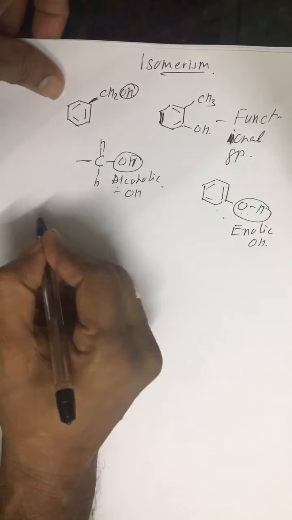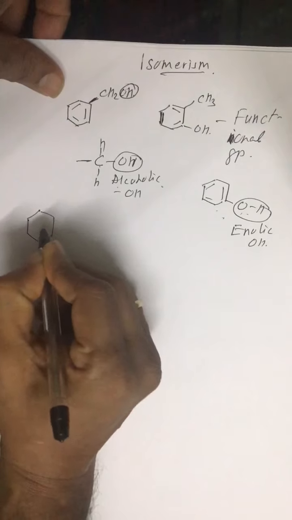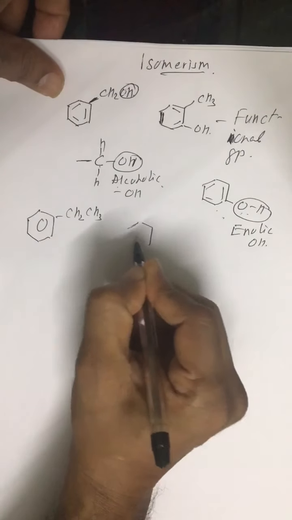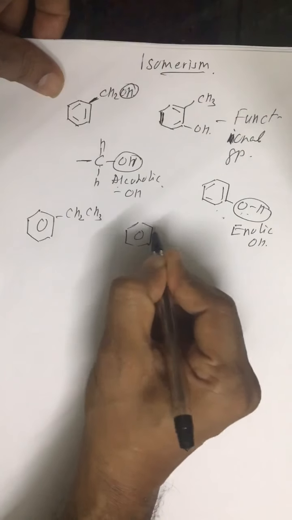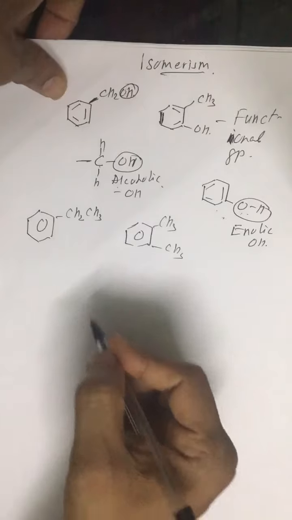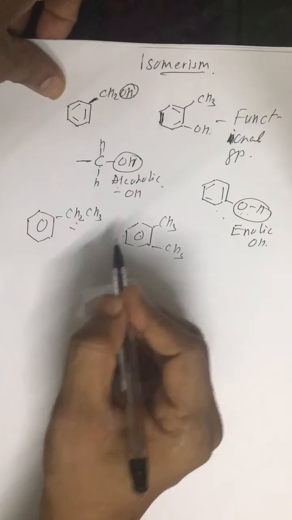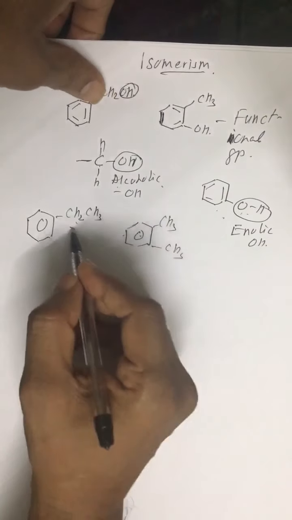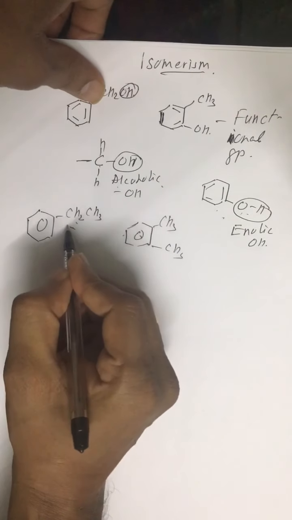Now look at this case, where we have CH2CH3 and we have CH3 and CH3. These two are which type of isomers? Again, this is a confusing case. These two are basically chain isomers.